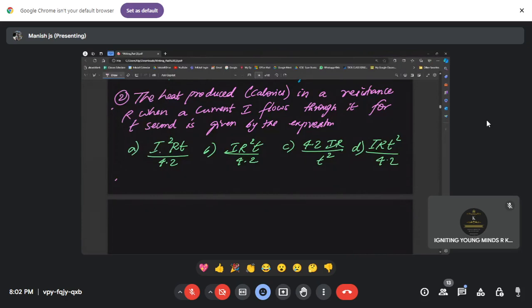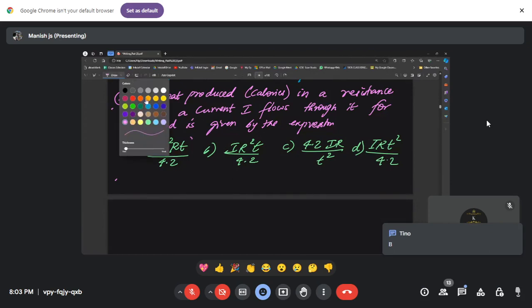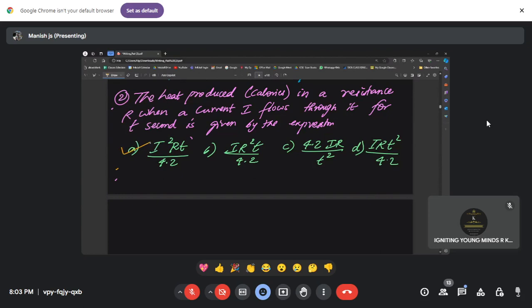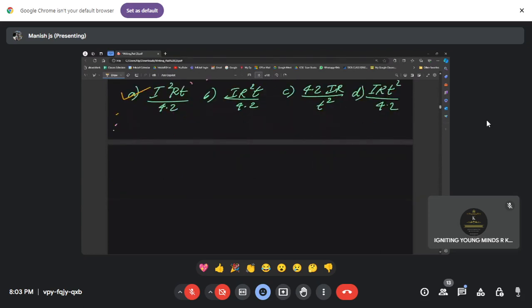So check which option has I square RT. Go by the method of elimination. First option you have I square RT. Second option it's different, that's wrong, the way it's written. Third is also wrong, fourth is also wrong. So the correct option by method of elimination is option A. Is that clear? So that's how you go with the method of elimination.